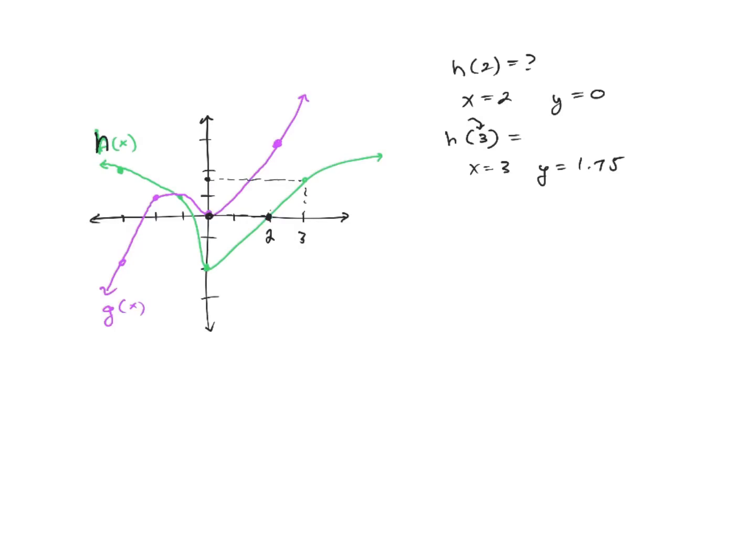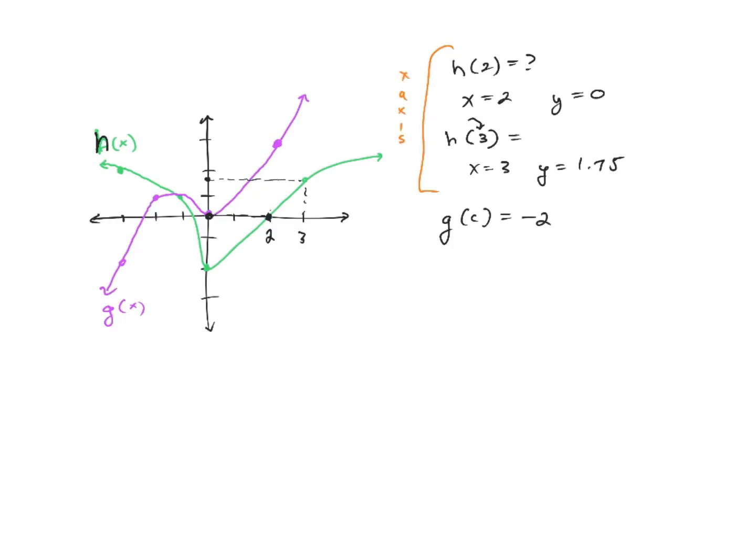And then let's look at g. Let's say they said, what is c when g of c is equal to -2? In this case, it's different. Here we were looking at the x-axis.